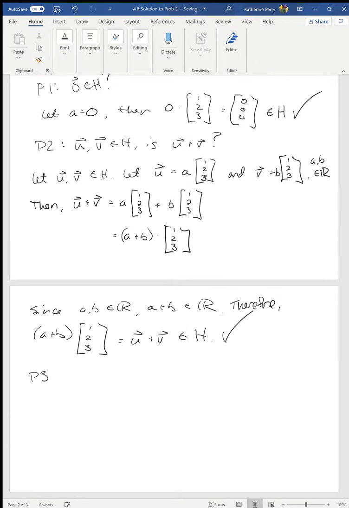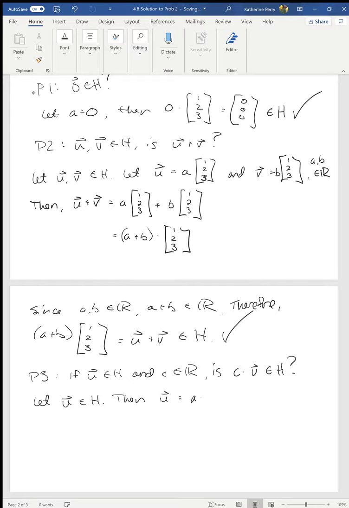which says that if U is in H and C is in R, is C times U in H? So again, I'm going to let U be an element of H. Then I can write U in this same form again.